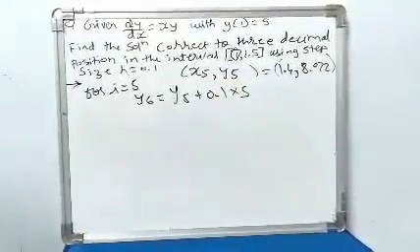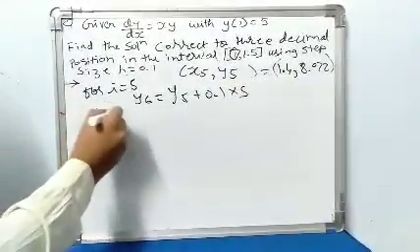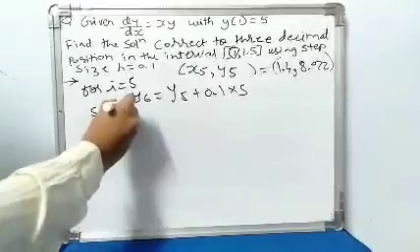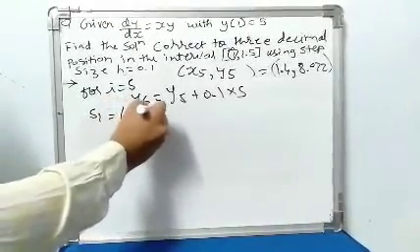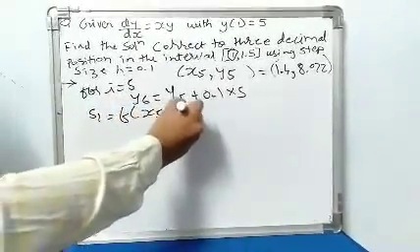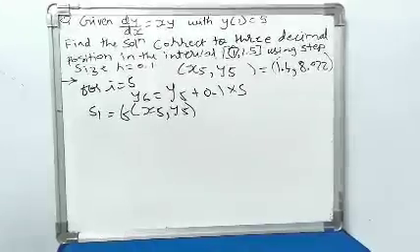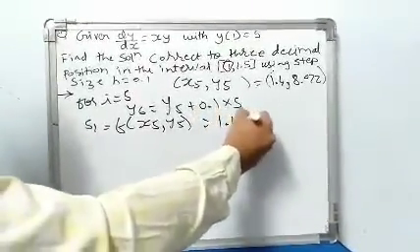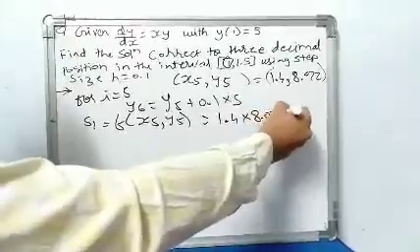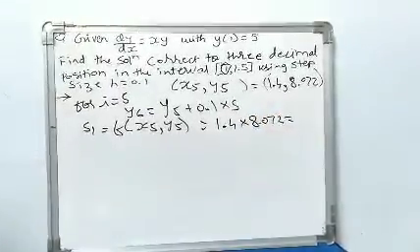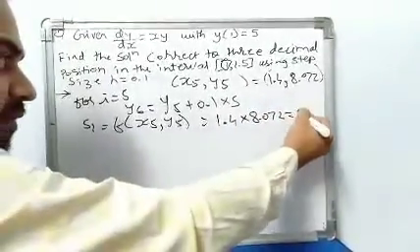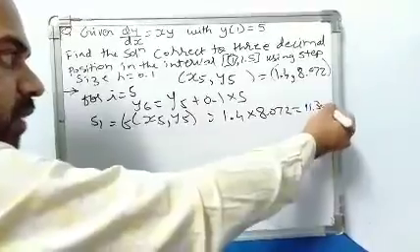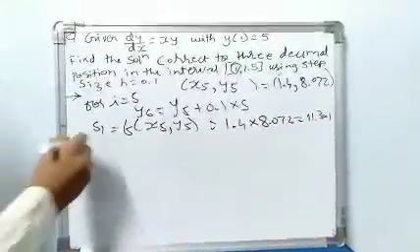So s1 is equal to f of x5 comma y5. I'm going to replace all these values, 1.4 into 8.072, and you get directly the value, that is 11.301.